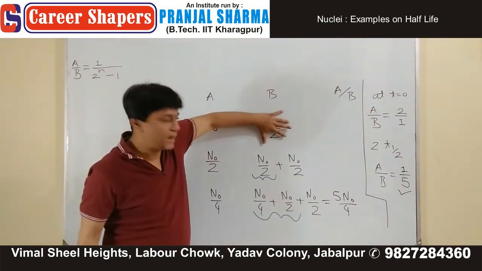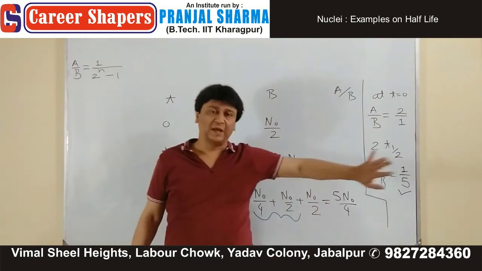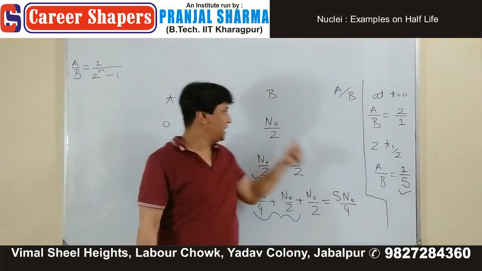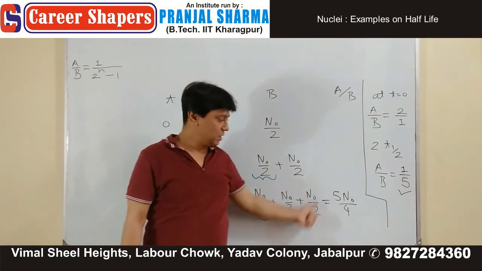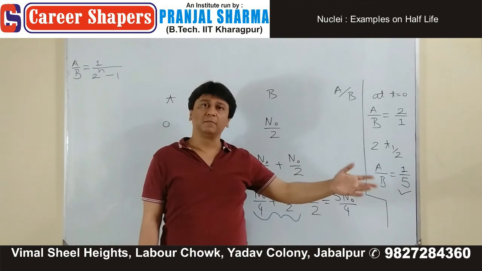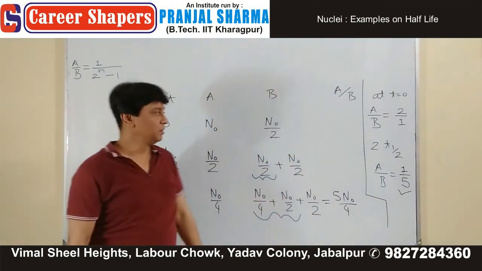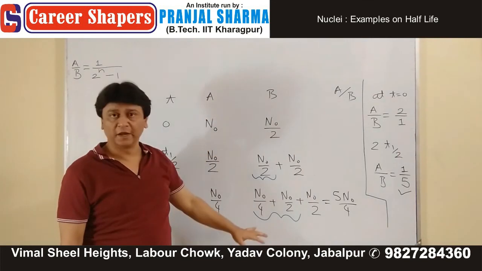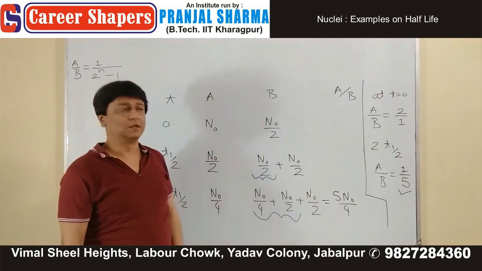So keep these N naught by 2 aside, solve the question, and finally add this much N naught by 2. So nothing special. For any time, for any type of sample, for any type of initial concentration, you can easily handle this.